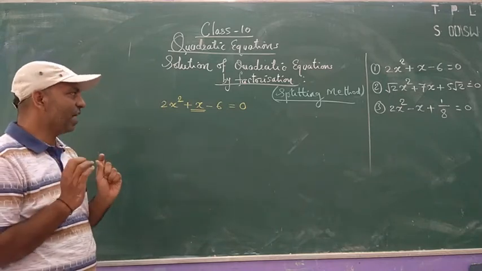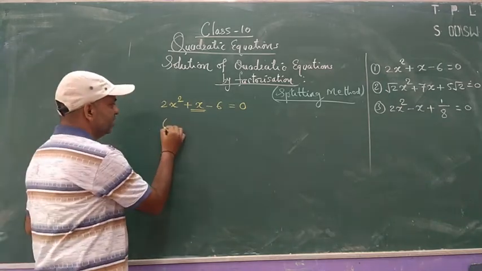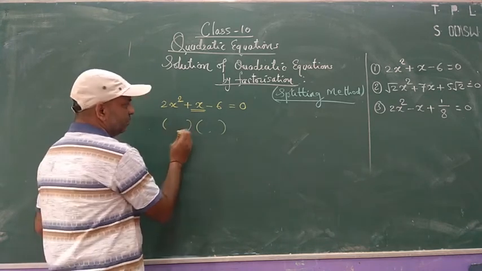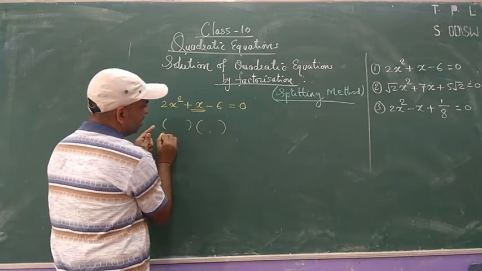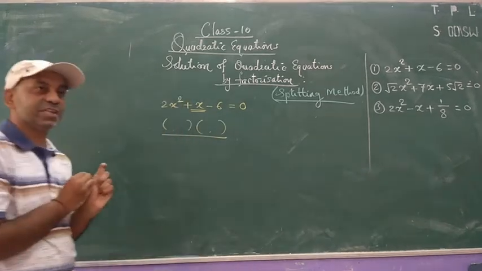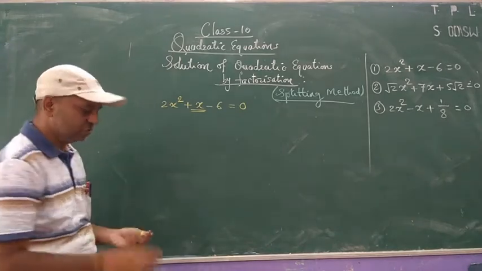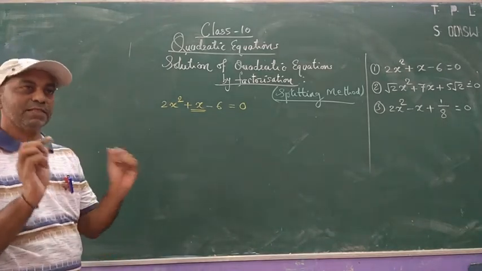Means first factor, second factor. So the product of these two factors makes this quadratic equation. So how can we split this middle term? There is some method.